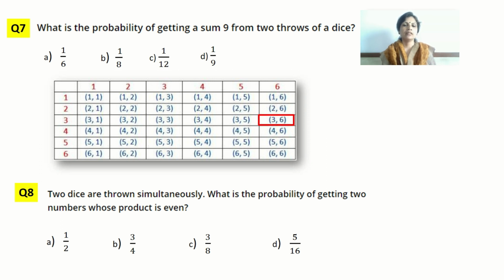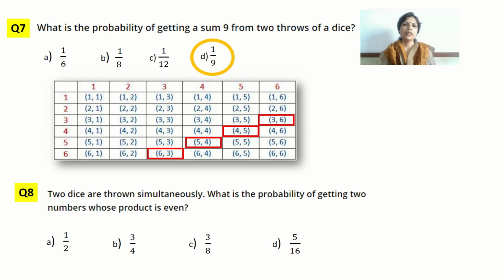Look over here. 3 plus 6, 4 plus 5, 5 plus 4 and 6 plus 3. Addition is 9. How many outcomes you are getting? 4 outcomes. So probability will be 4 upon 36, and 4 upon 36 is 1 by 9, and so option D is the correct option.